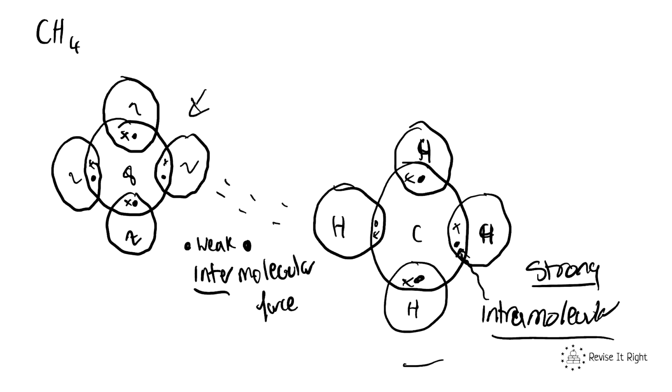Covalent bonds are really strong, so I'm not saying that covalent bonds are weak forces. The hydrogen and the carbon are connected by a strong intramolecular force. But between the one methane, CH4, and the other methane, CH4, they are attracted through a weak intermolecular force. It's important to get that.